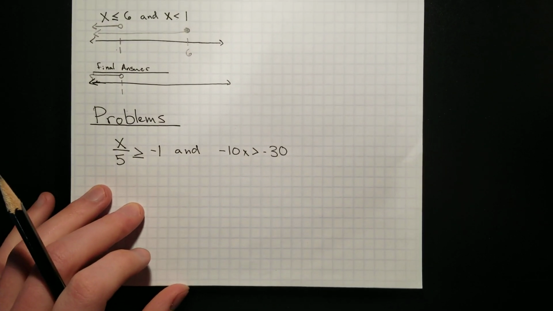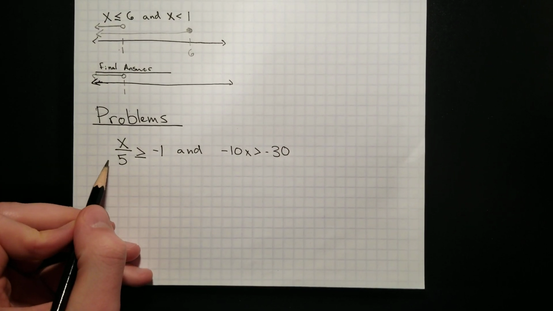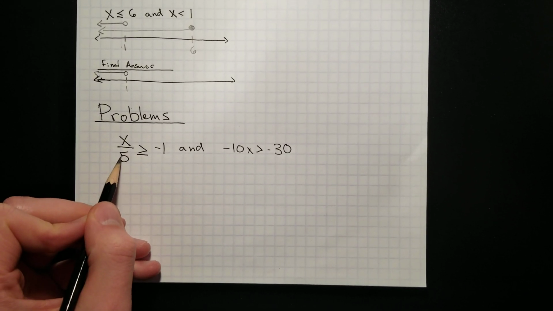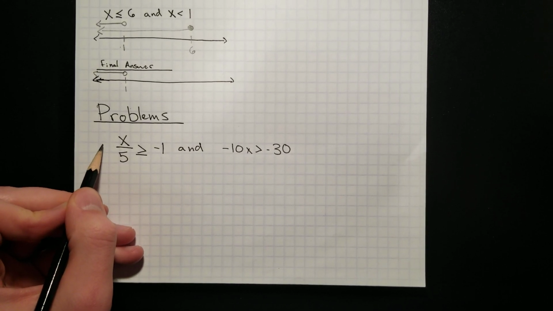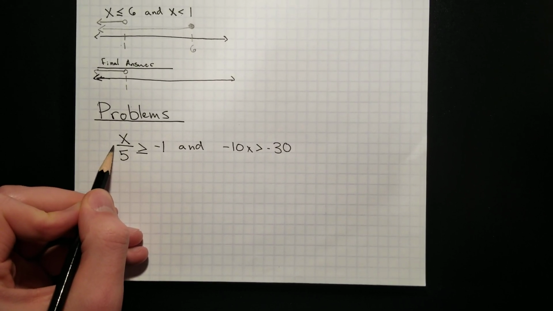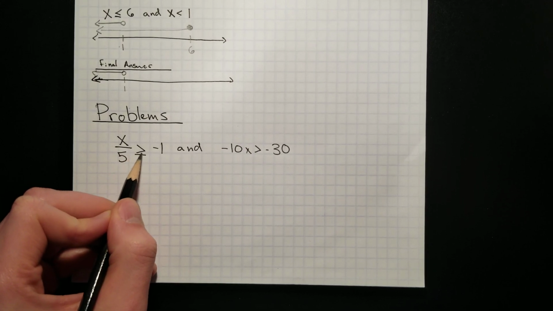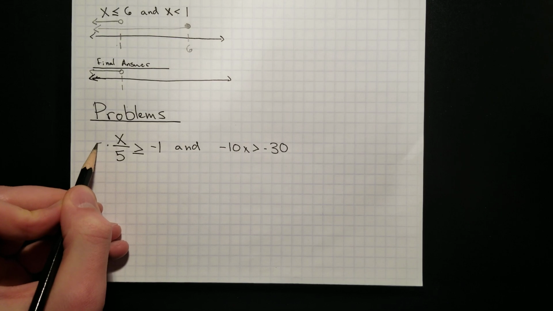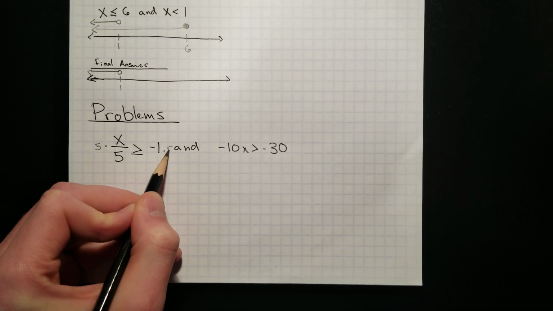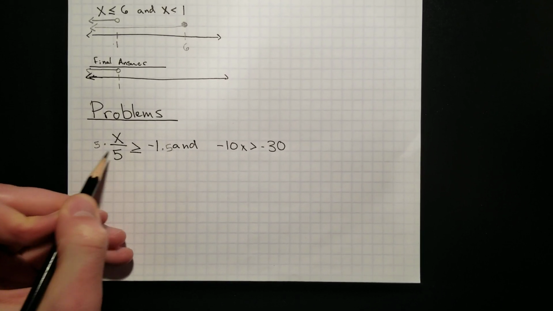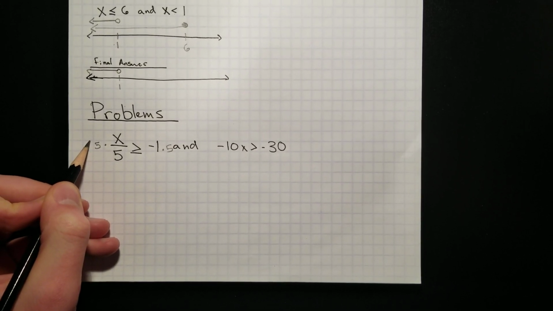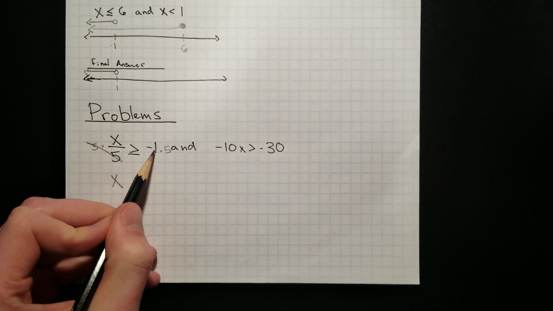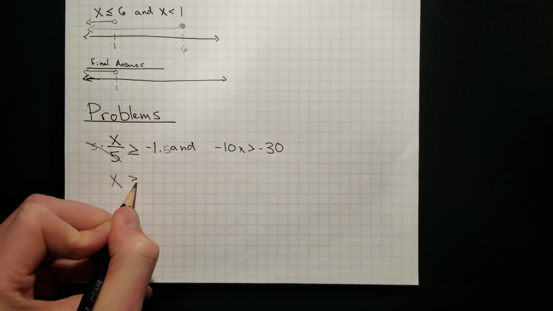So when we're solving these, it's just a little bit more complicated. Instead of just being able to graph something, all I need to do now is solve this for the variable. This one on the left, x divided by 5 is greater than or equal to -1. Well, for that one, I know that I need to start by multiplying by 5 on both sides. If x is being divided by 5, the opposite of that is multiplication. So I multiply by 5, it cancels the 5 here, gives us x, and I multiply -1 times 5, carry down the inequality.